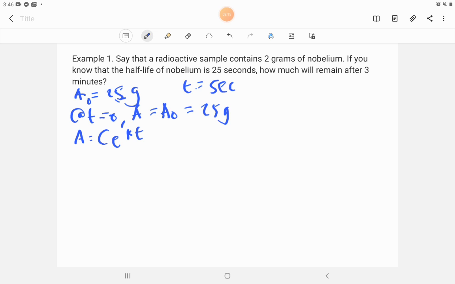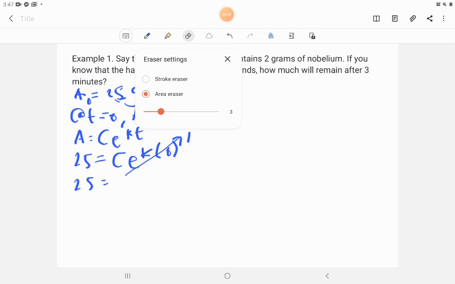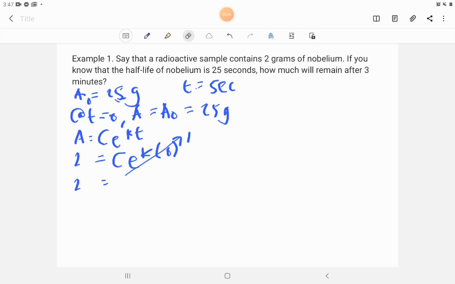Okay, so at time equals 0, A is equal to 2 grams. So we write here 2 grams equals C e to the power of k times 0. So k times 0 is 0, and e raised to 0 is 1, because any number raised to 0 becomes 1. So at time equals 0, the amount of radioactive substance present is 2 grams.